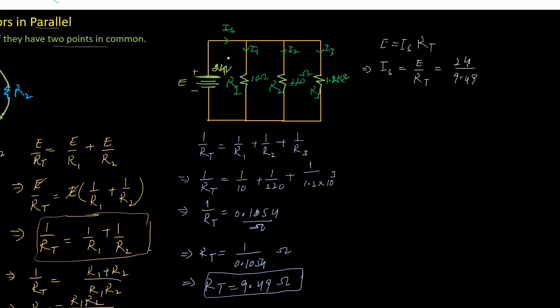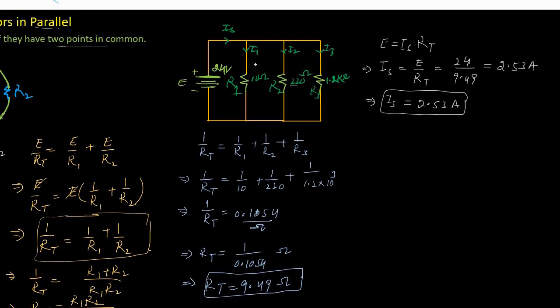So the resulting current through this source is 2.53 amperes. So here we have a total of 2.53 amperes of current from this source towards this parallel connection.